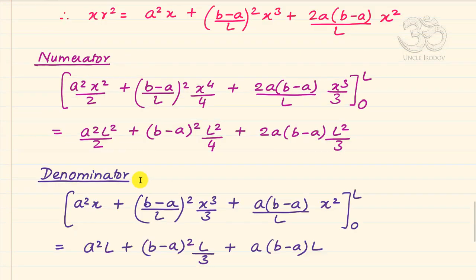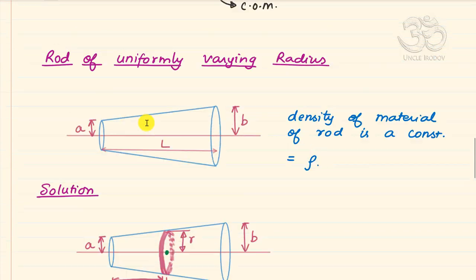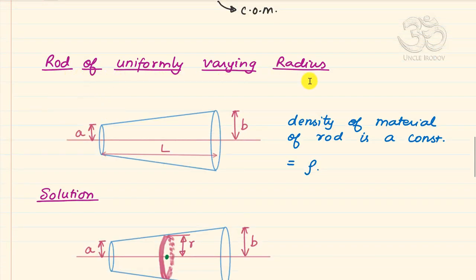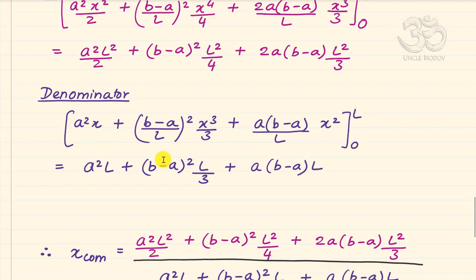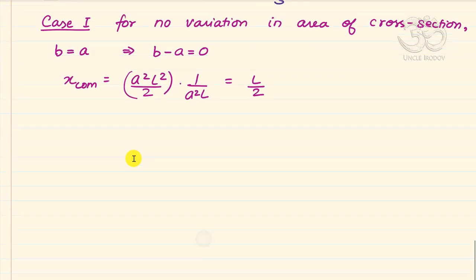Now this figure looks like, of course I have said that this is a rod of uniformly varying radius, and it might be a rod, but it also looks like a frustum of a cone. So I can probably use this figure to find out where the center of mass of a cone is. So let me take that as case 2.